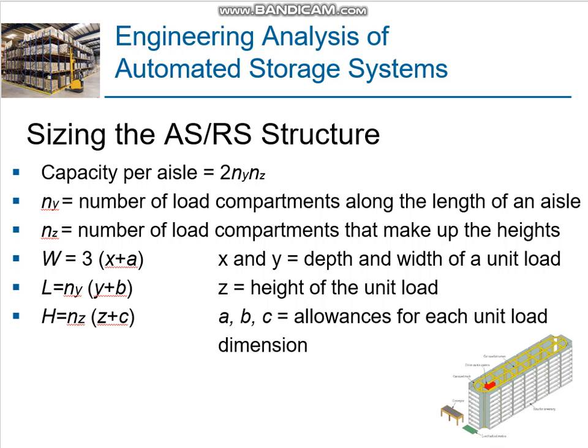Another aspect that needs to be considered is the width, length, and height for each of the unit loads. So we can see that for each of the compartments, there are certain space dimensions, and we need to consider the dimensions of the unit load that can be stored in each compartment.